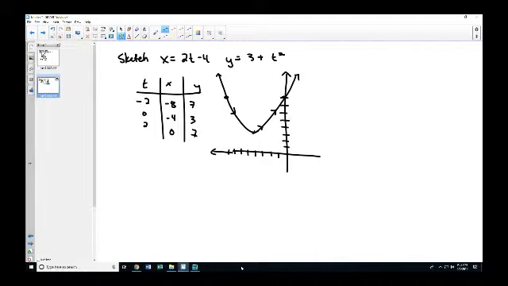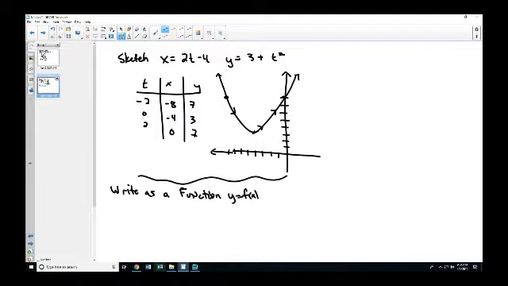Okay, so you can also write that as an XY function. Yeah. Okay. So let's write it as, yes, great. So solve for t.